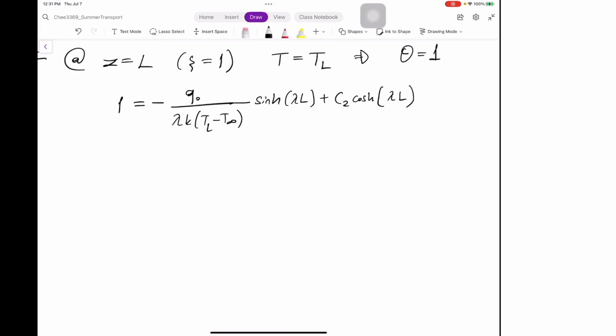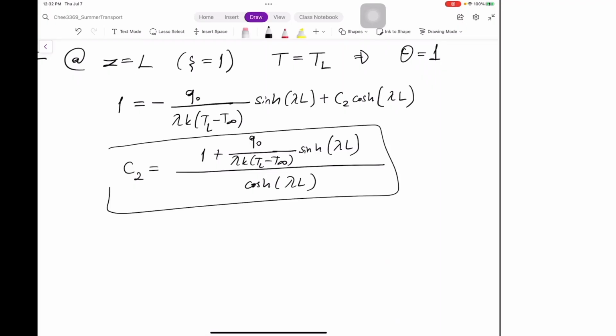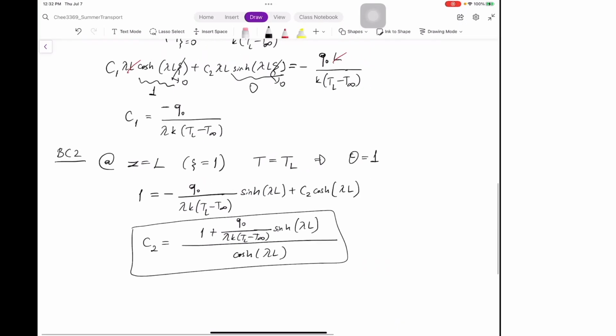C2 is 1 plus Q0 over lambda K TL minus T infinity, sine hyperbolic lambda L, divided by cosine hyperbolic lambda L. That's C2. So we found the C1 and C2. Good.